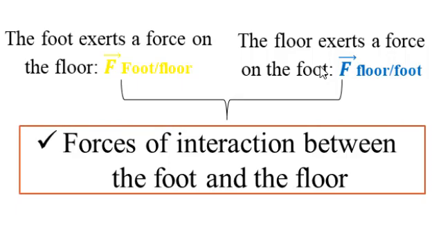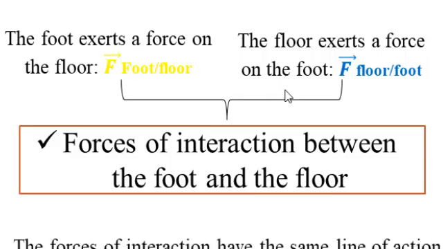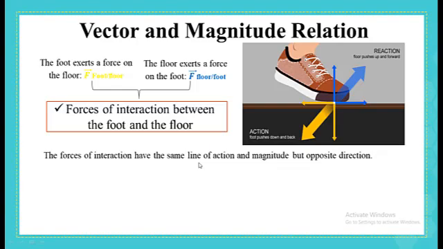So in case they ask you to write down the names of the forces of interaction, we have to pay attention to the two objects which are interacting and make use of their names to write the name of the forces of interaction. These two forces have the same line of action. Let's, for example, take into consideration this one.